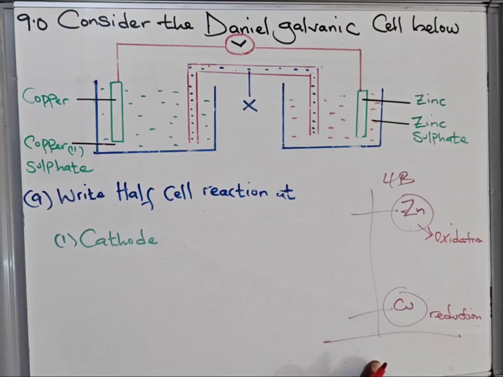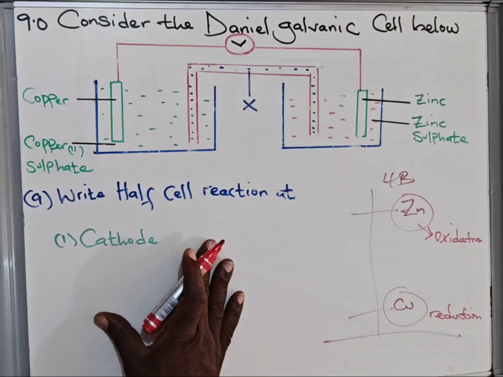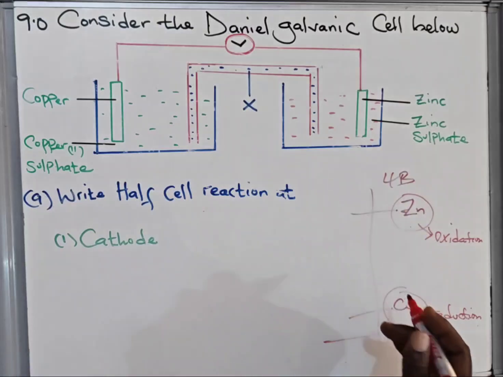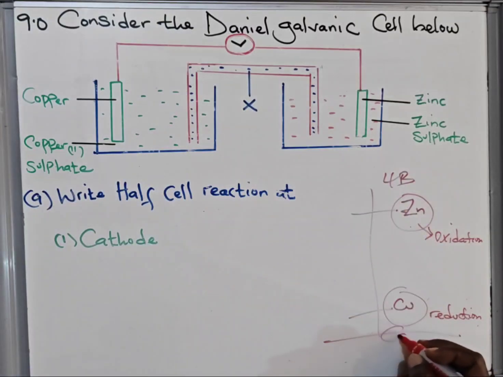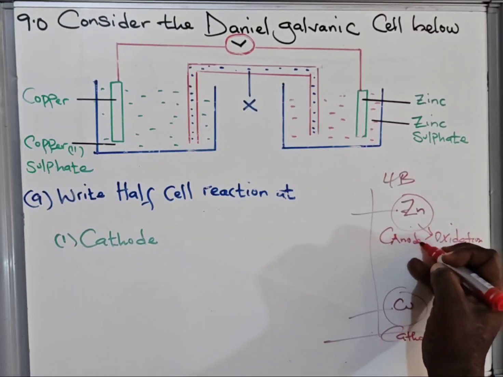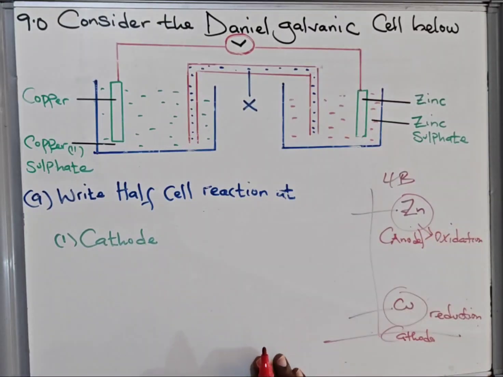Then we come here. The reaction at the cathode is reduction. So this is our cathode, and this is our anode. That's how we make use of the table.